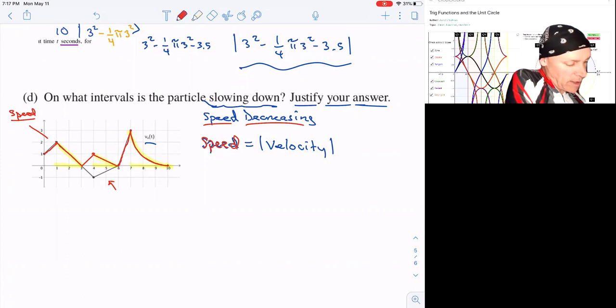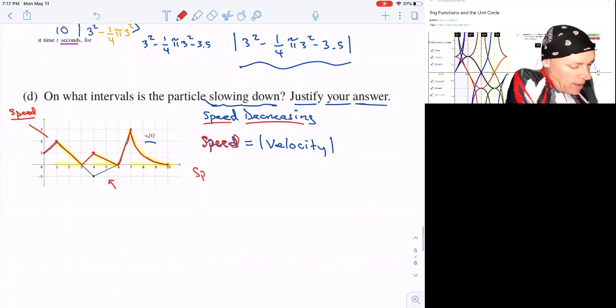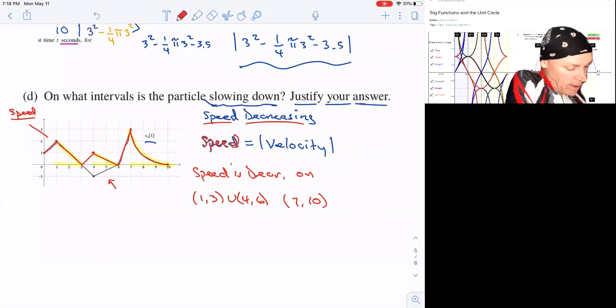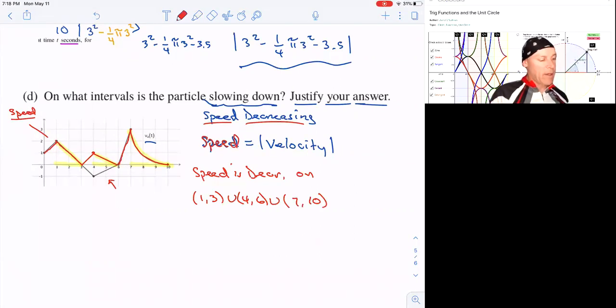Okay, so I'm going to say speed is decreasing on the intervals 1 to 3, 4 to 6, and 7 to 10. Some union symbols there.